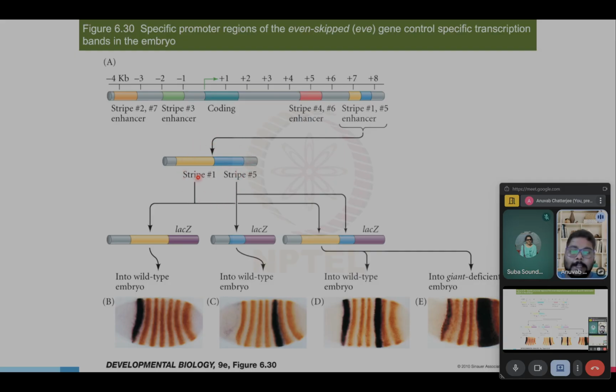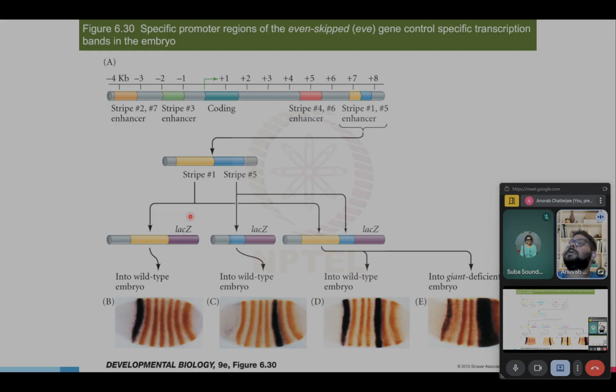What they have done is that they have taken the enhancers, say the stripe 1 enhancer, and added lacZ to it. So lacZ essentially will help us. After you treat it for alkaline phosphatase staining, it will give you a dark pattern. So essentially this will form a protein which will help us.